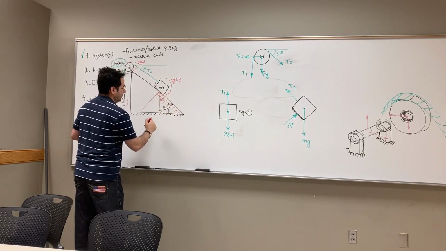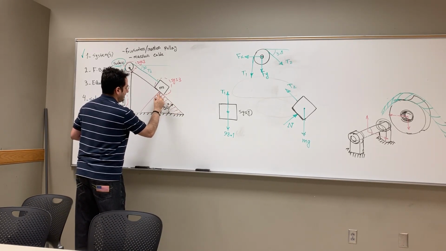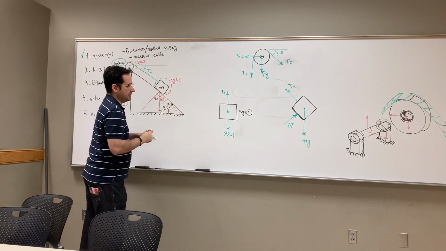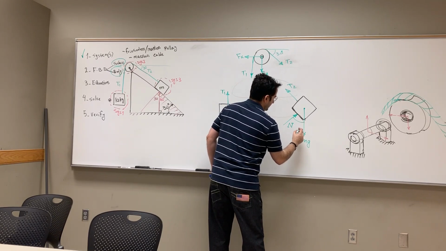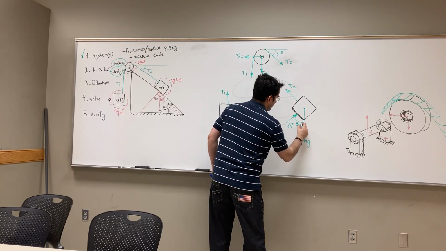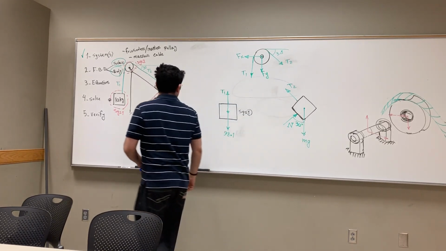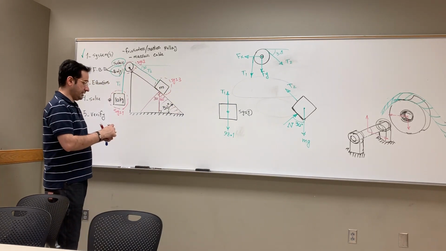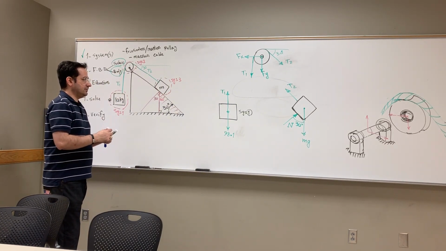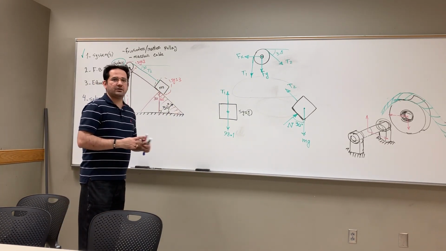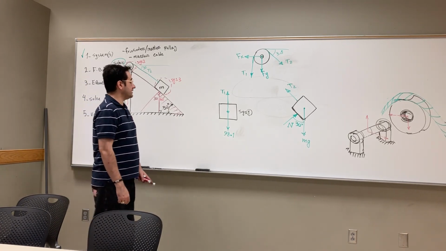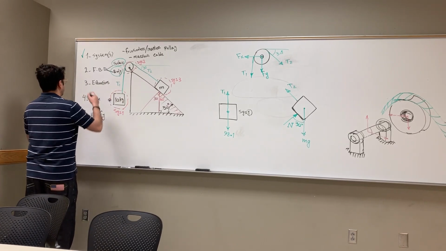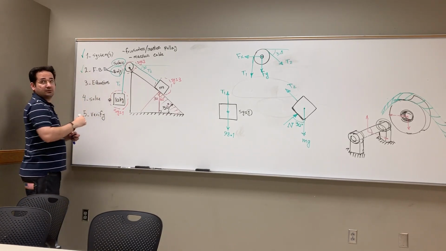So this is 90, 60, so this angle is 30. That means this angle is 30 degrees. Okay, now I'm done. This is my FBD, right? Now let's go ahead and check mark FBD.